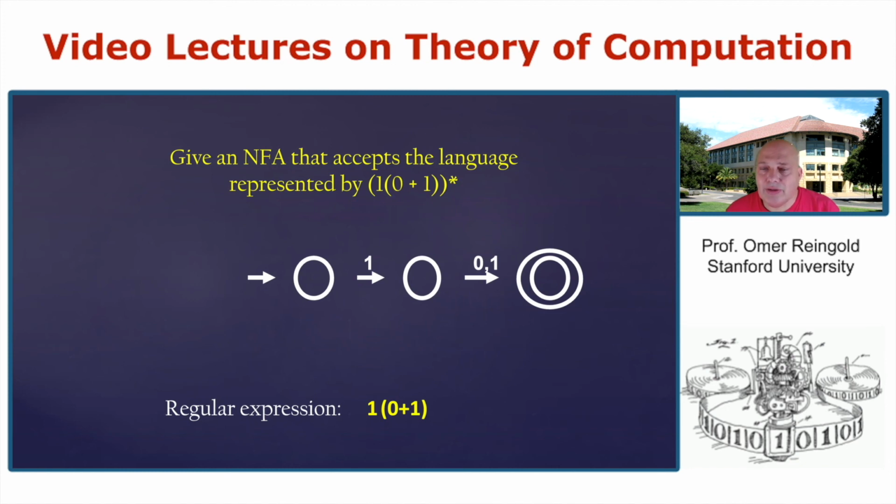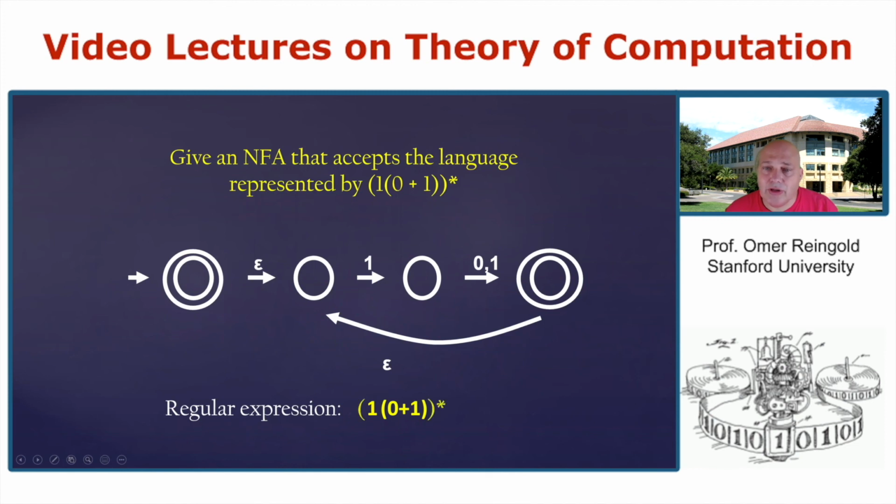And now we need to apply the star operation, and we know how to represent the star with an NFA. This was the construction that we used to prove the star. We looked at the accept state, connected it to the start state, and added this additional start state.